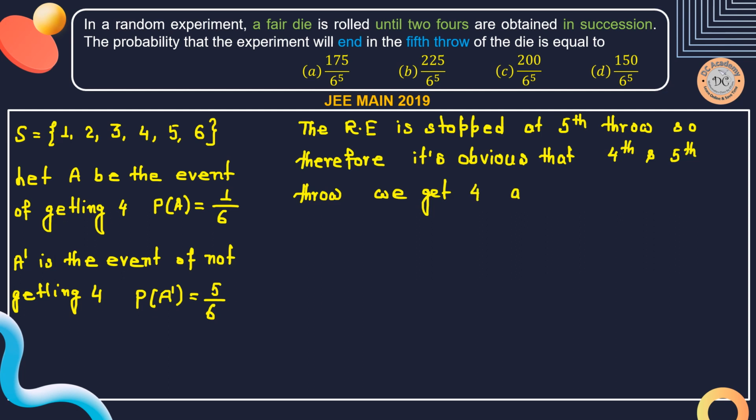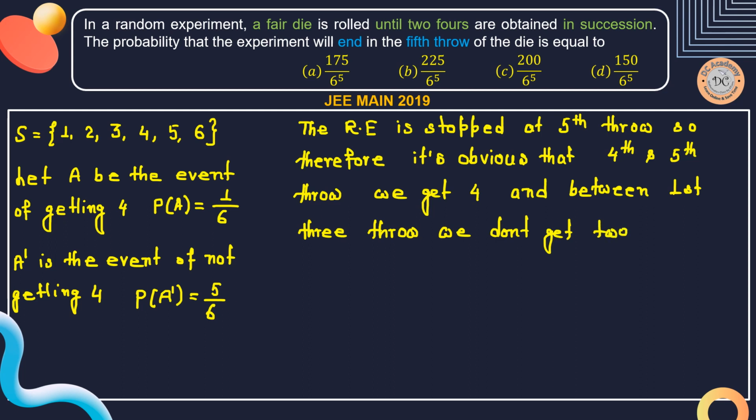4, and between the first 3 throws, we don't get 2 consecutive 4, because it's given that if I get two consecutive 4, we should stop.